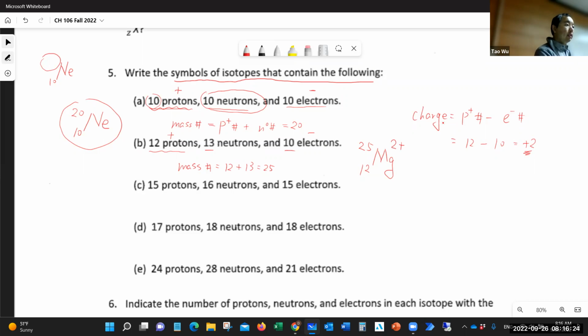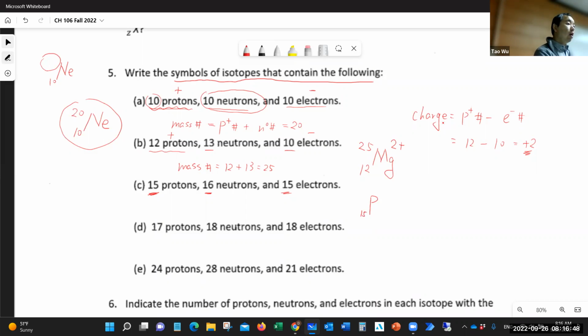Last one, let's see again. The proton number is 15, the neutron number is 16, and the electron number is 15. With 15 protons, let's see what kind of element. 15 is phosphorus. Then you can write the 15 over here.